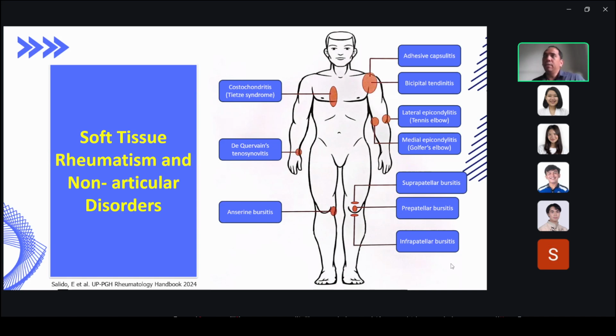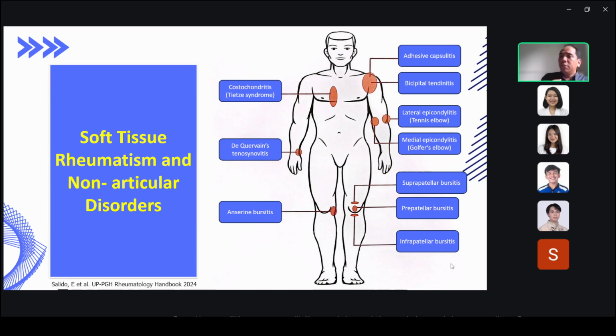So if the problem is in the shoulder area, or our patient number 2, we possibly think of adhesive capsulitis or bicipital tendinitis.